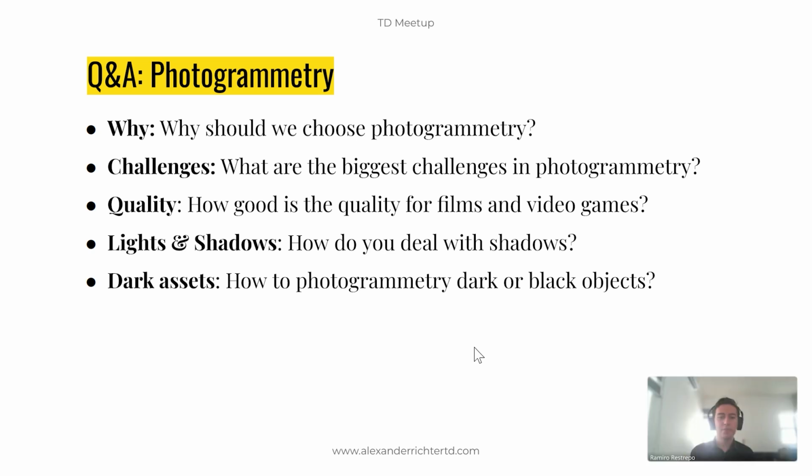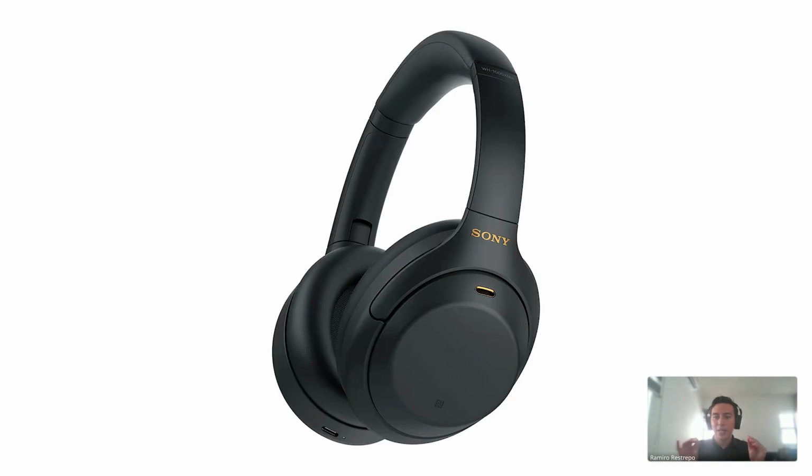Well, I think the best way to do it is to try to have your background be the most different color. For example, if I want to do photogrammetry of these earphones, I will use a background that could be white, so that in the photo the computer understands which is the object you want to capture.